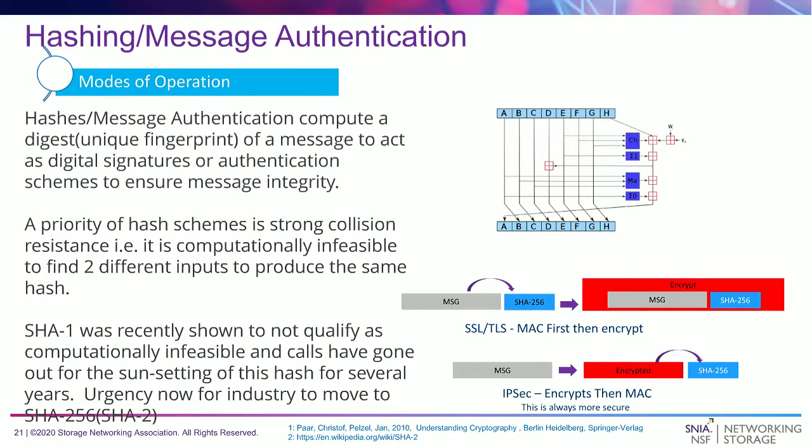Now, there are different protocols, and our other series are going to go into how these protocols work, but different protocols will handle the hashes in slightly different ways. So there you see like TLS does message authentication first, and then it encrypts the entire thing. And then IPsec, for example, encrypts the data and then does a hash over that, okay?